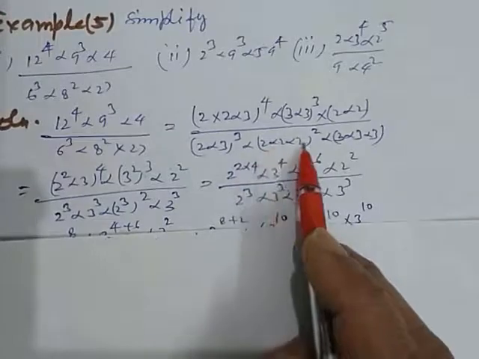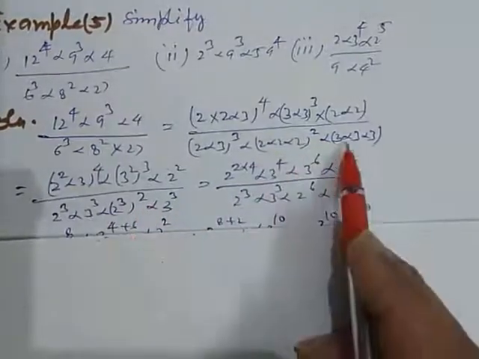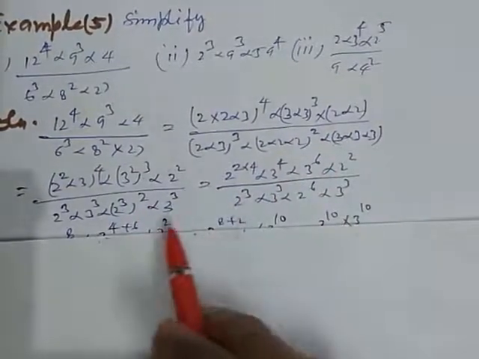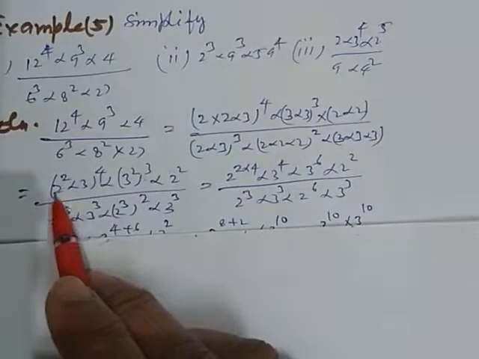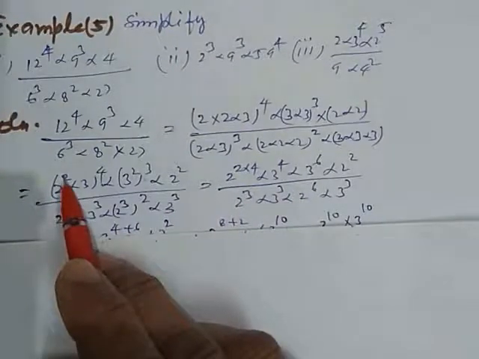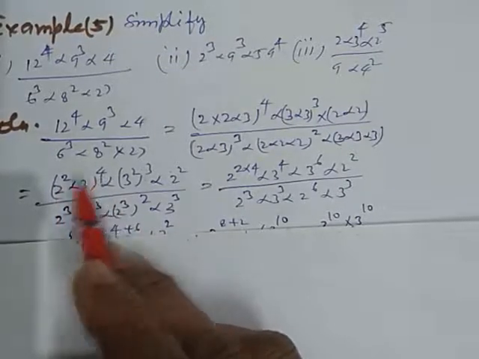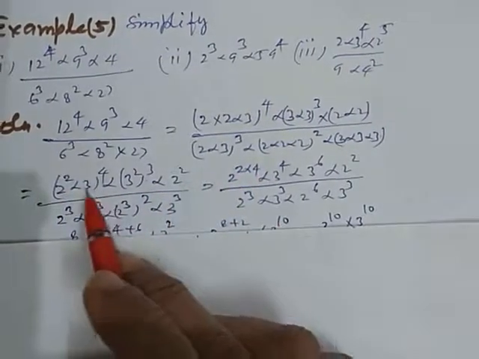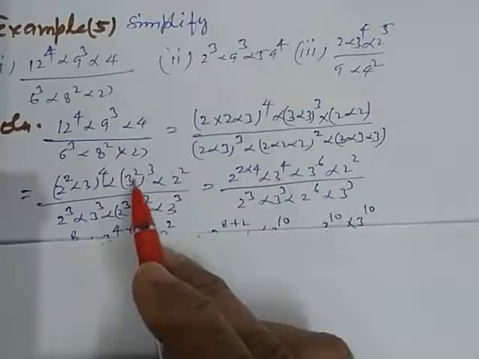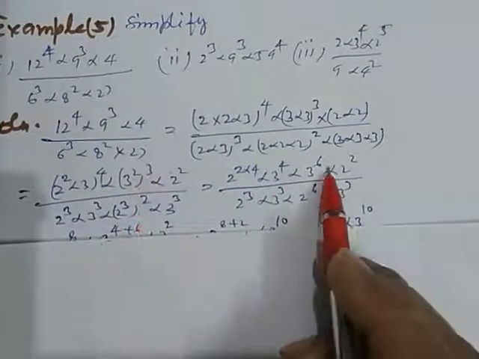Here 2 raised to the power 3 whole power 2. Here 3 raised to the power 3. Now we again solve. This 2 raised to the power 2 whole power 4. So they are multiplying. 2 raised to the power 2 into 4 and this 3 raised to the power 4. And this 3 raised to the power 2 into 3, 6.